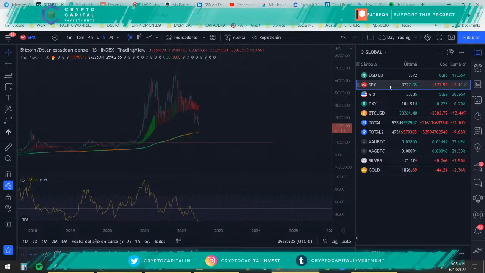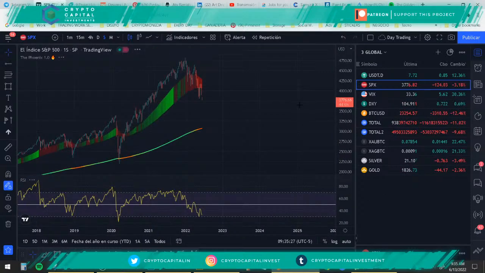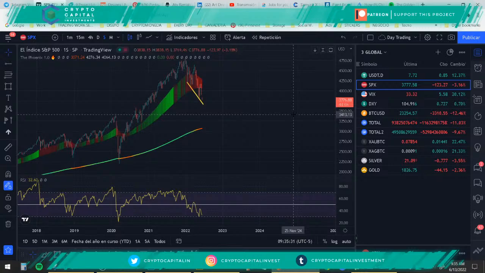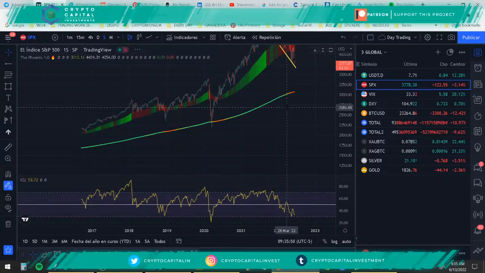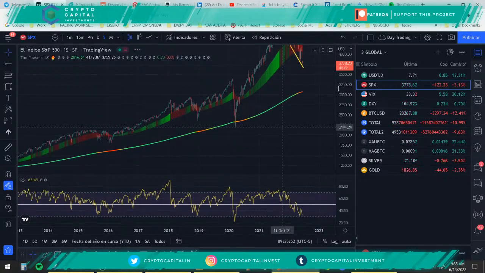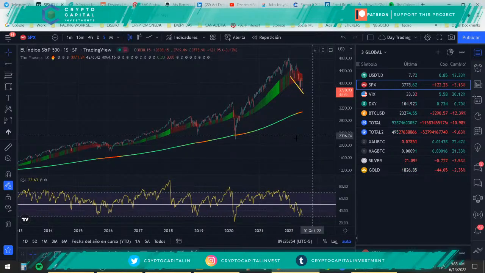With the SPX, this is my global charts. This is what I have to track, everything. And especially the SPX. And I do believe the SPX is going to, I mean, if this were in a crypto tool, it should have dumped so much time ago, but this is not.